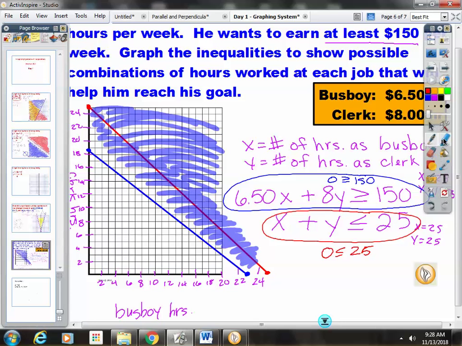That's true, so I want to shade the side with 0, 0. When you're finished with all your shading, go ahead and darken the region where those two shadings overlap one another.